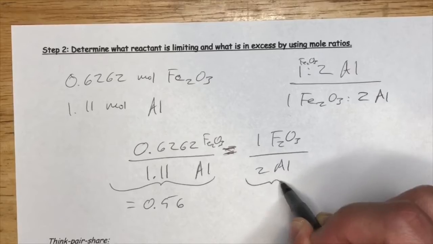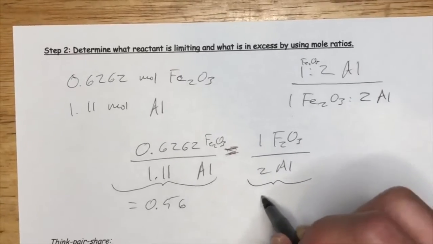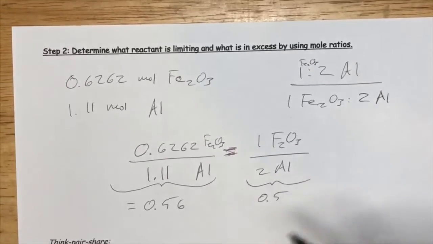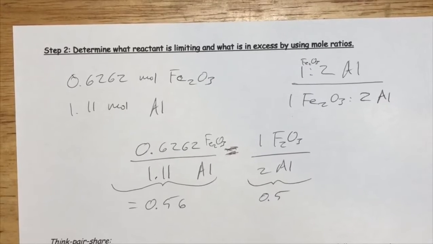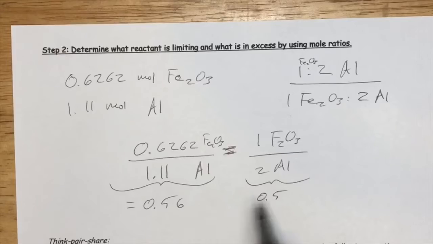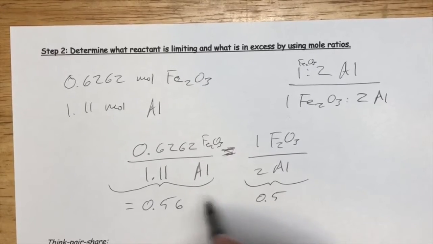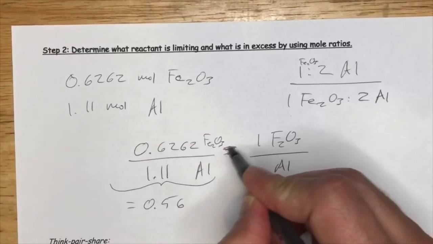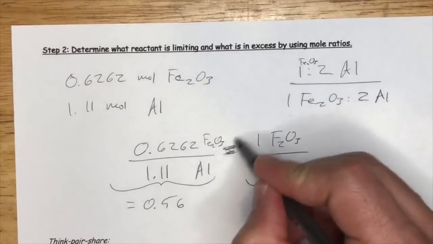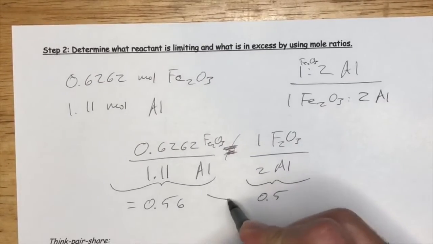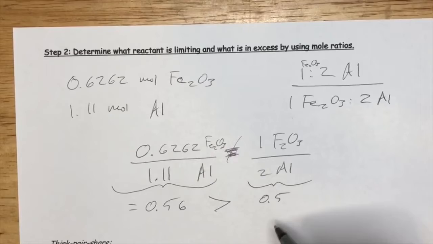And when we divide 1 and 2, we get 0.5. Okay? We see that actually there's an imbalance here, right? This is not equal. Okay? 0.56 is greater than 0.5.